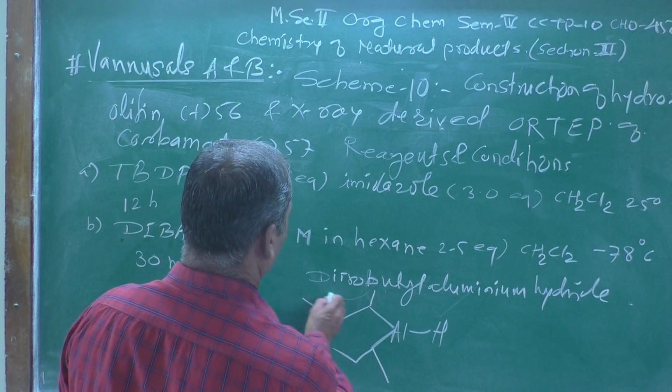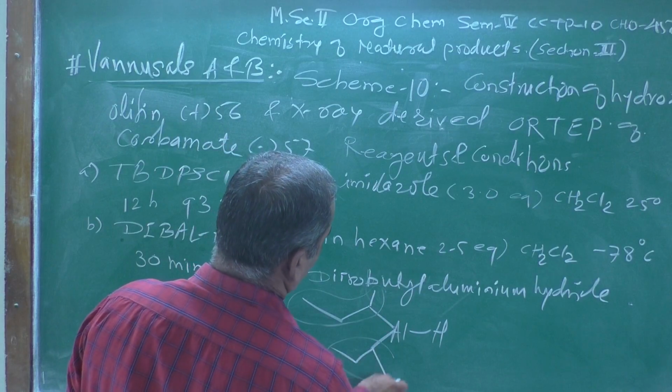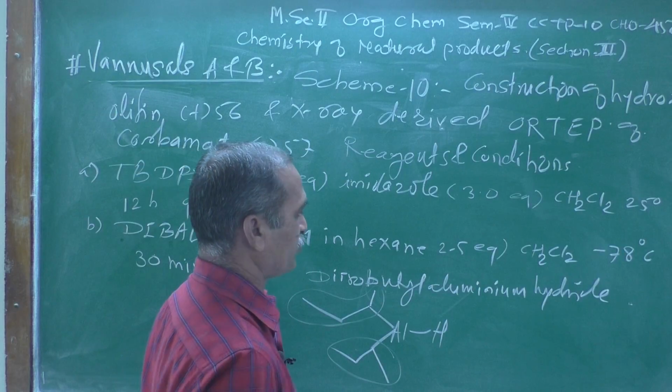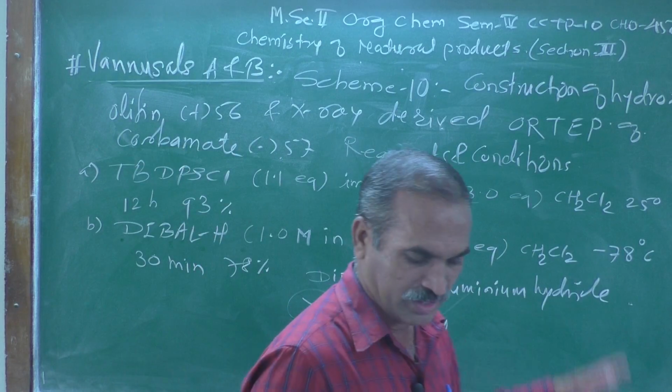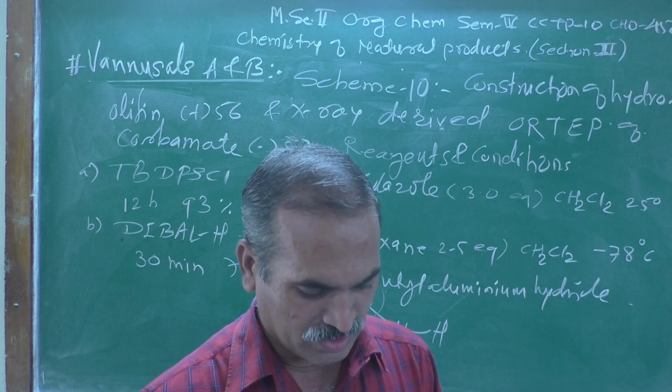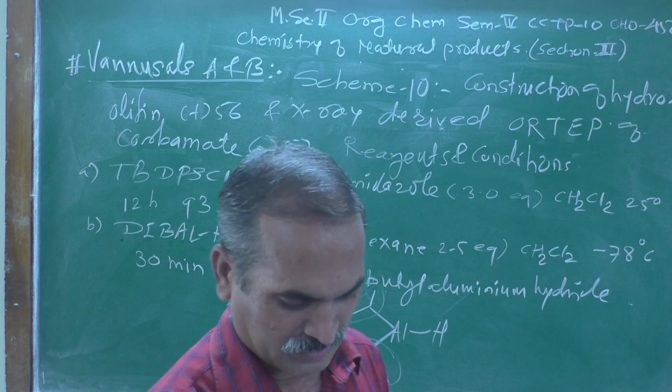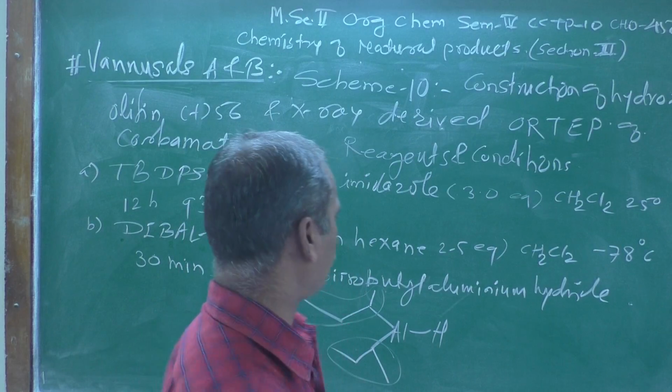This is a part of isobutyl, and these two are there, and therefore it is known as diisobutyl aluminum hydride, and this is used here for reduction purpose in this particular reaction.